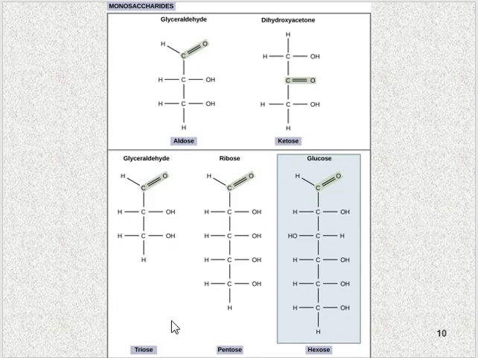So on the left over here, we have 3 carbons, so it's a triose. In the middle, we have 5 carbons, so it's a pentose. And on the right, we have our most common monosaccharide, glucose, which is a hexose and has 6 carbons.